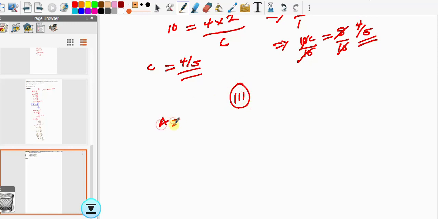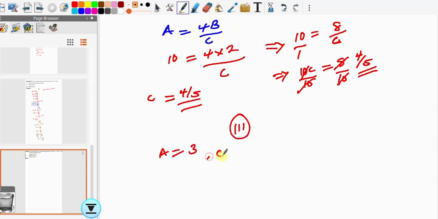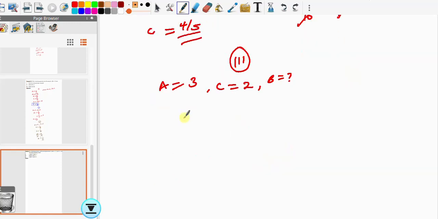When A equal 3, we are looking for B. A equal K, that's 4B over C, right? So A is 3, we have our 3 here.